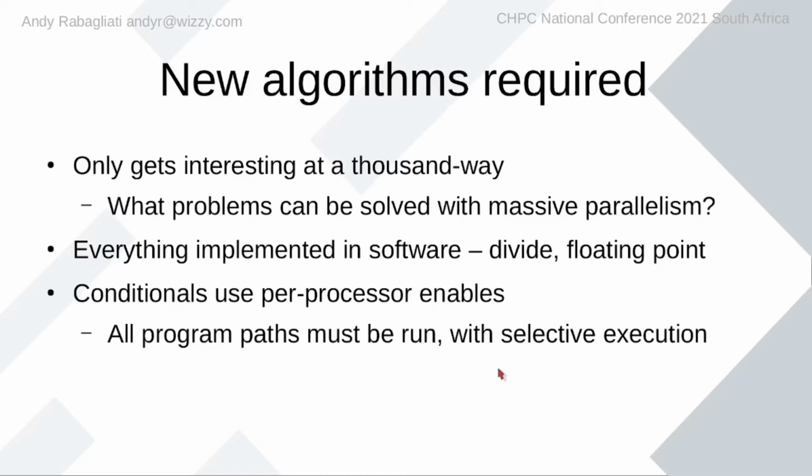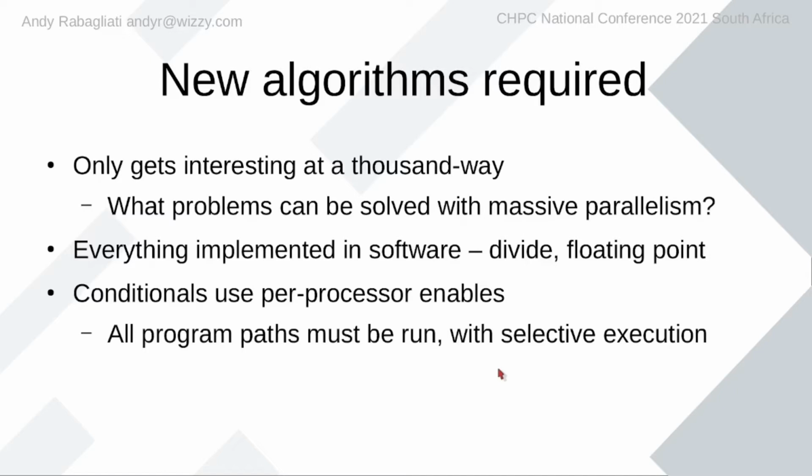However, if you can look at the problem that needs to be solved and see a place within that code where thousands or millions of the same operation are taking place, then it's possible that that application might map onto this computer architecture. Everything in the machine is done in software.